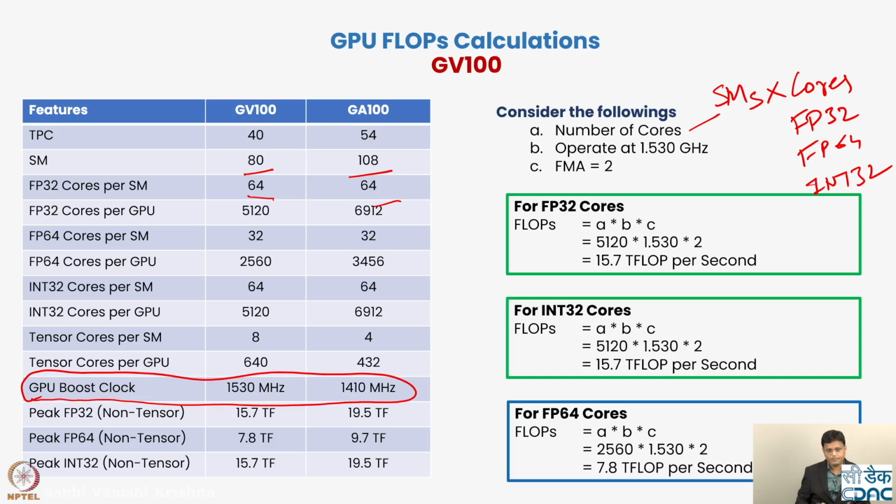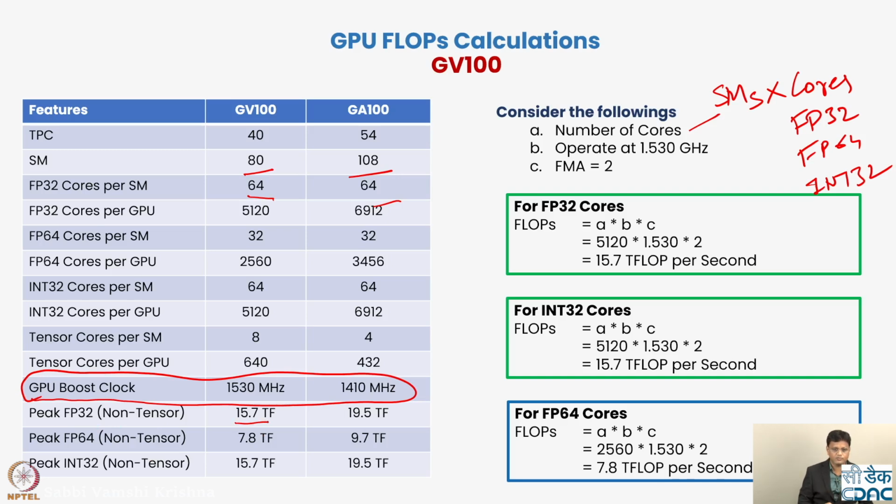Another important thing I want to highlight is the GPU boost clock. GPUs always work in a normal clock and a boost clock, so you always have to consider the boost clock for calculating the maximum theoretical capability. And this is the value of peak FP32 when you are not using any tensor operations. It is mentioned here as 15.7 teraflops as per the data sheet.